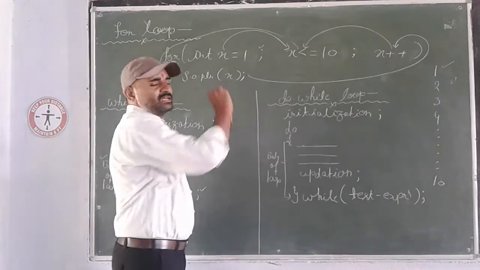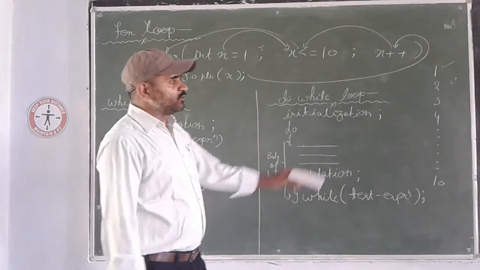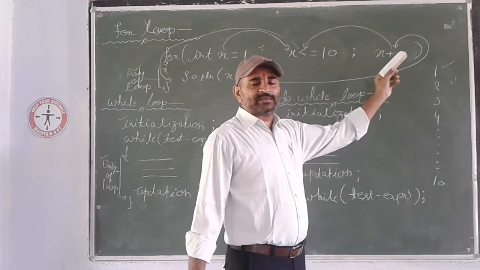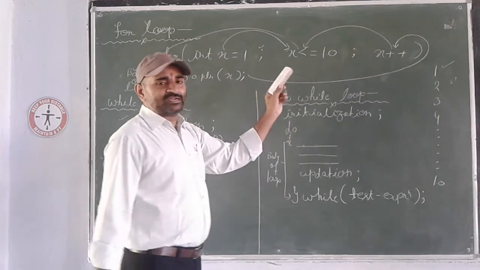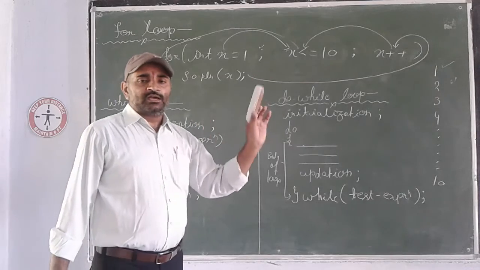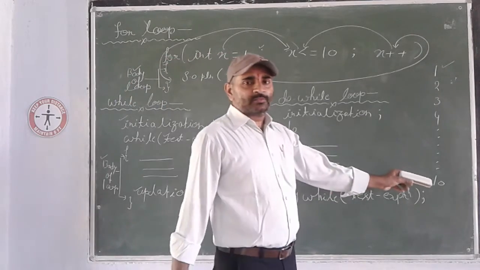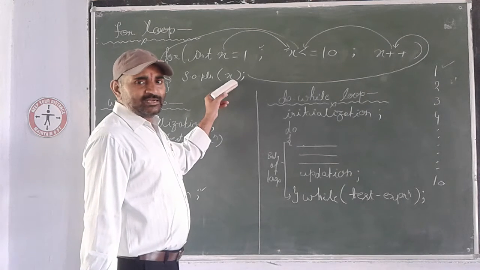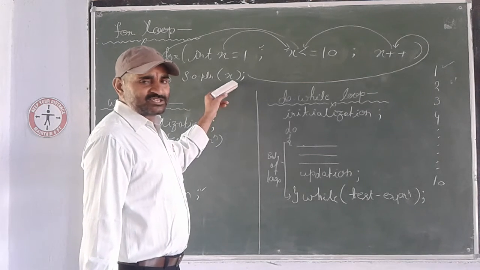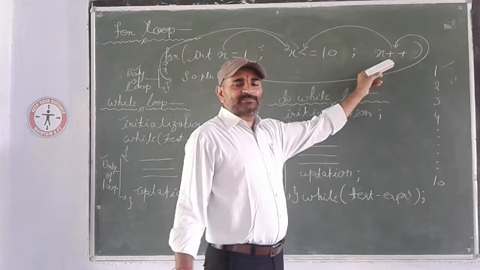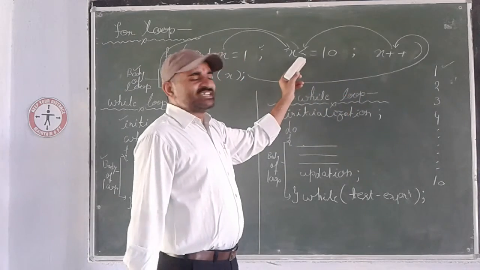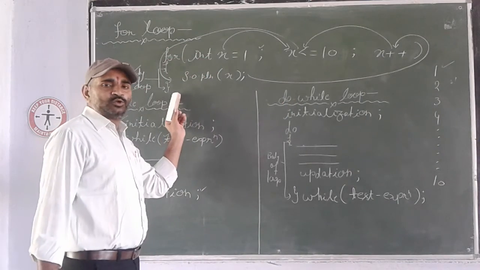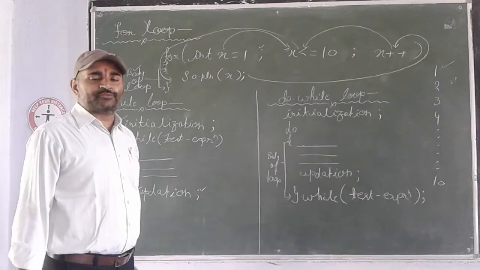Control will enter the body of the loop, so here you will get 2. Then again control goes to the updation, x becomes 3. 3 is less than or equal to 10 and this process continues. After System.out.println prints 10, x++ makes x become 11. 11 is less than or equal to 10, the condition is false, so control goes out of the loop. This is the working of the for loop.